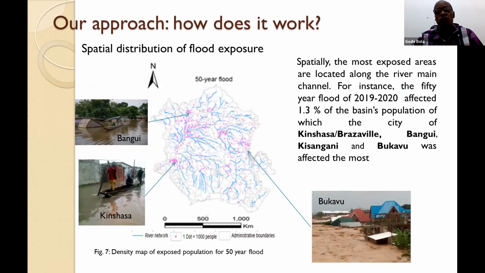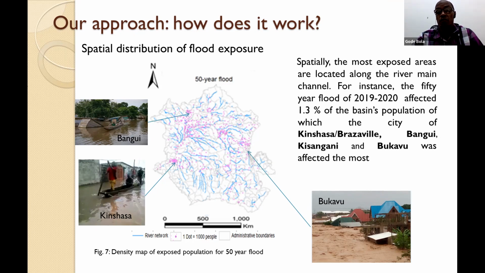And most of the time what we find is that all areas located along the main channel were most affected, as exemplified by the flood of 2000. That was really a big flood. And that flood was the 50-year flood return period from our analysis. And we are assuming that the paper will be soon published.